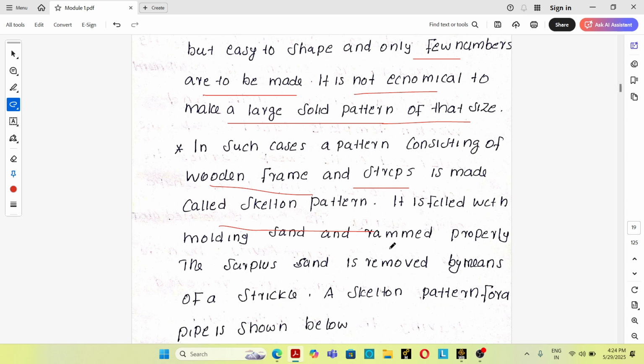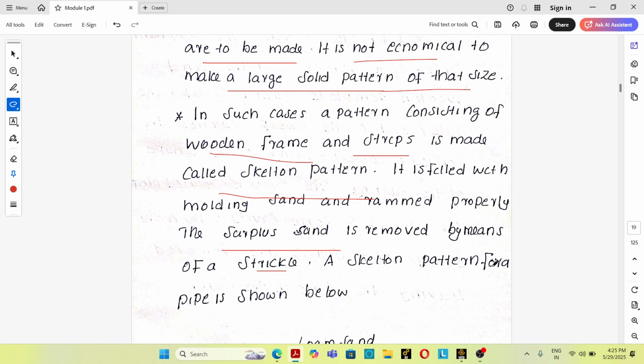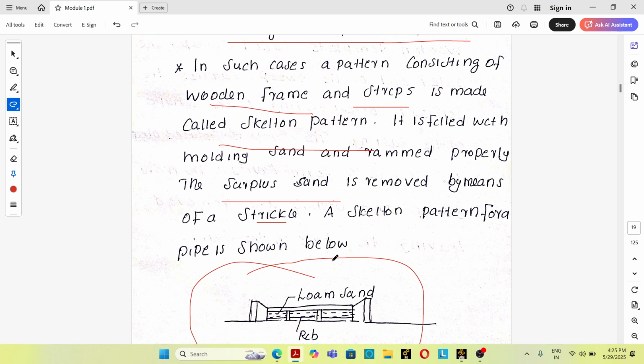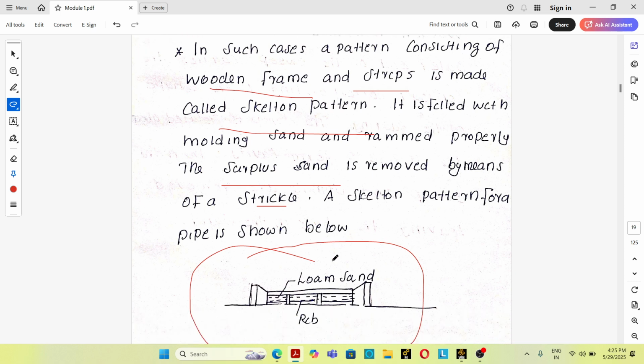It is filled with molding sand and rammed properly. After ramming, the surface sand is removed by means of a strickle. A skeleton pattern for a pipe is shown below. So this is a skeleton pattern for a pipe structure. Skeleton pattern means the casting is very large, and if we require only a few numbers, it is not economical to make a single piece solid pattern.